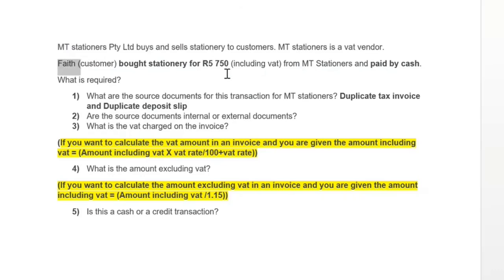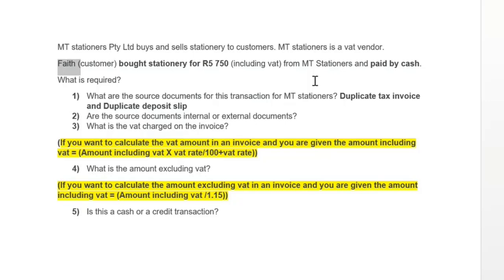We made a sale, and on that sale we needed to have evidence of that transaction.